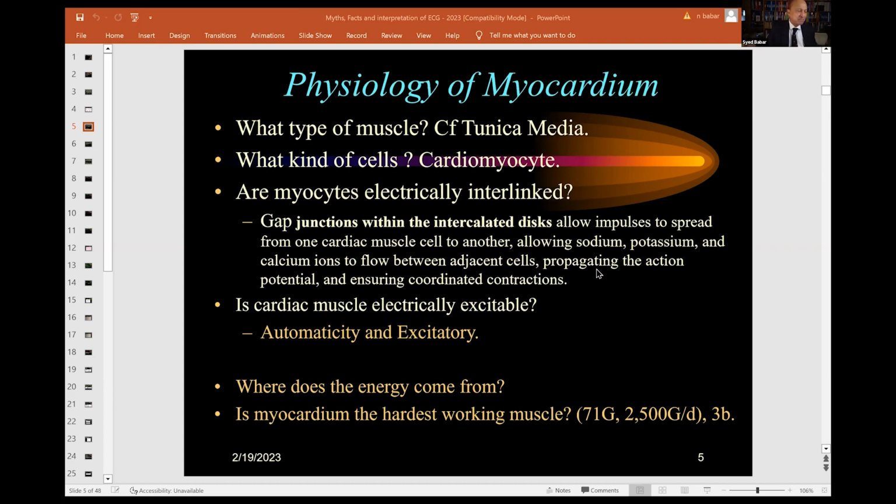In other words, this has now become activated. And therefore, it would be able to transmit an impulse. So the cardiomyocyte can generate an action potential on its own, and it also can transmit it between muscles and along the length of the muscles.